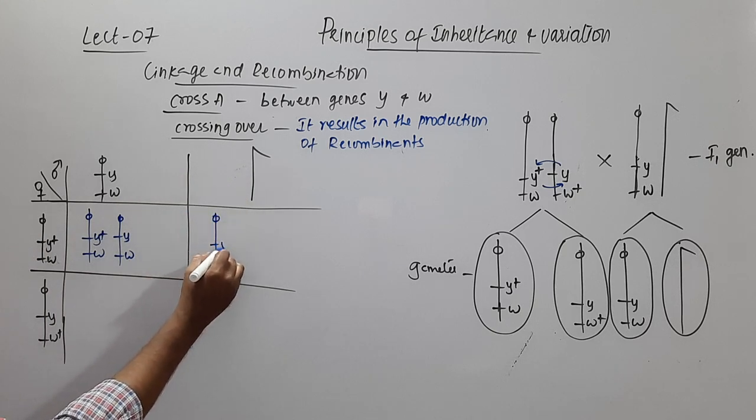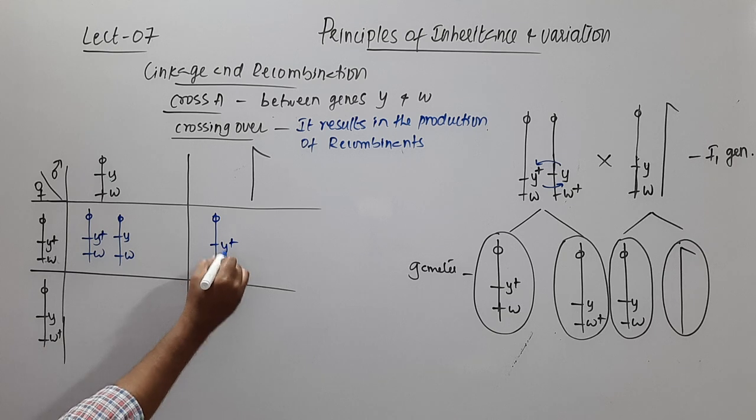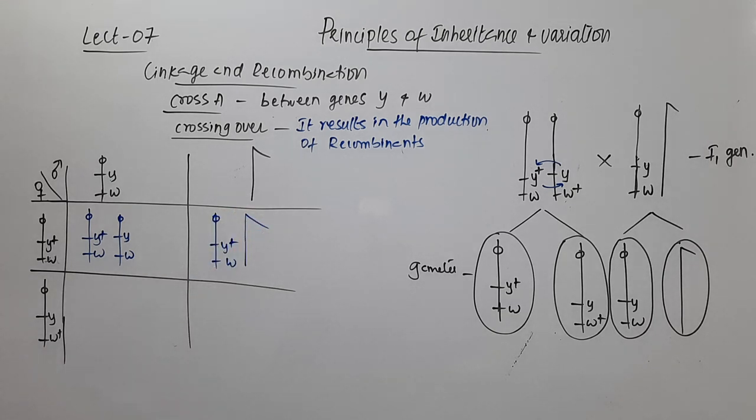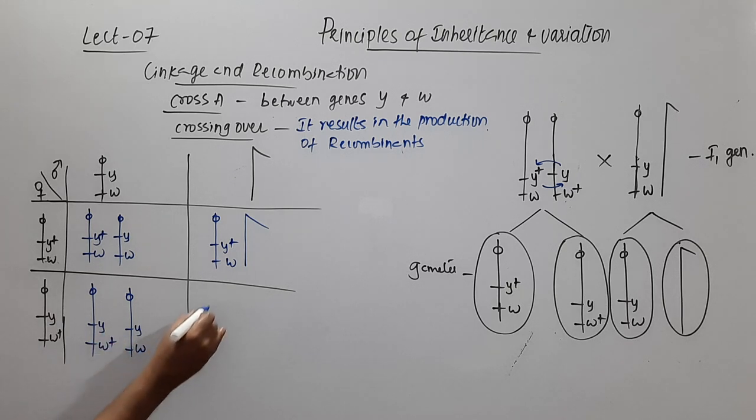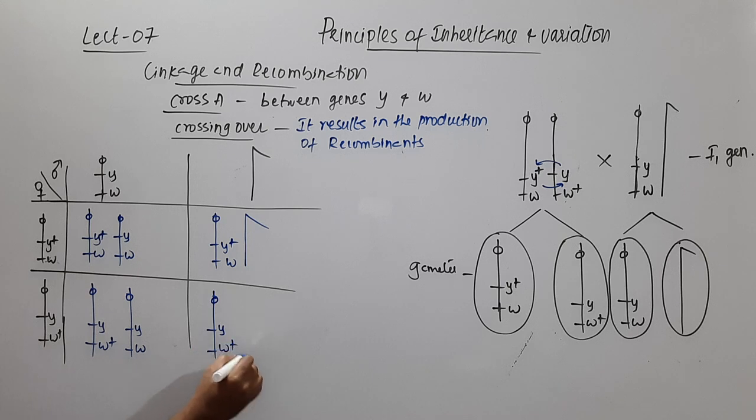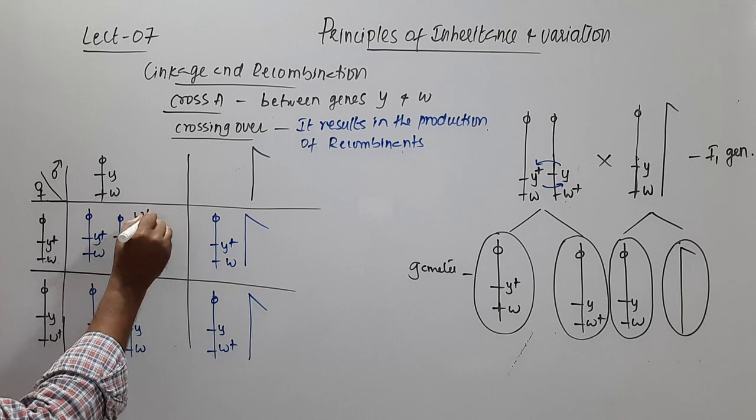Okay, so here we get Y plus W, and the Y chromosome, and in this case Y W plus, and this is Y W, and here Y W plus.